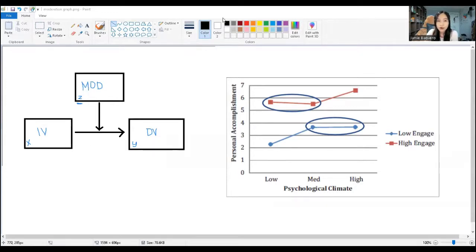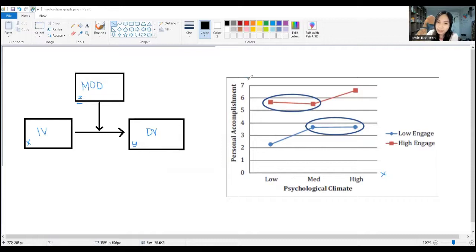Now, for the next graph, we have here the line graph, the result from the study. In the x-axis, it is divided into three, namely low, medium, and high. It represents the psychological climate of the fresh graduate workers.